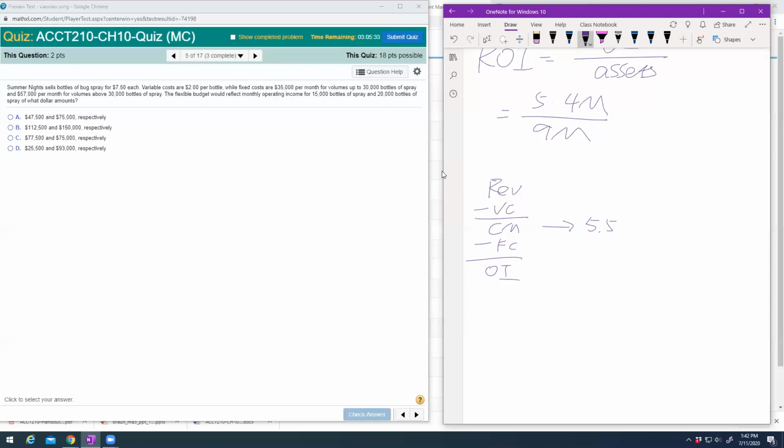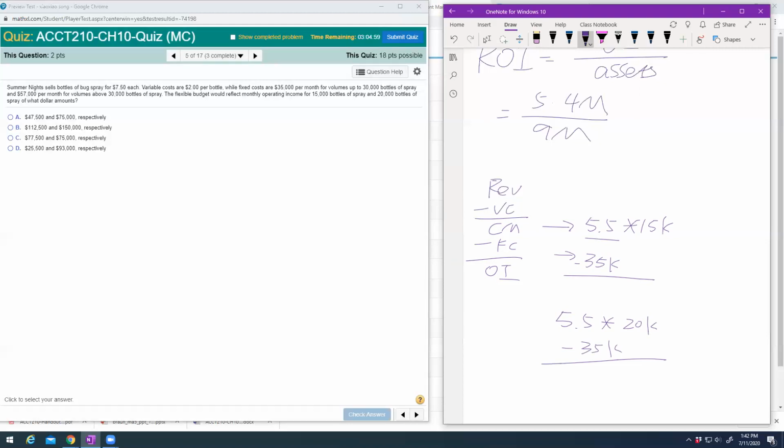If you go beyond 30,000, you have to use $57,000 per month. But no matter 15,000 or 20,000, they are both below the 30,000, so they should use fixed cost of 35,000. So for the 15,000 bottles, we multiply by 15,000 and minus 35,000. And for the 20,000, we use 5.5 times 20,000, minus 35,000 too.